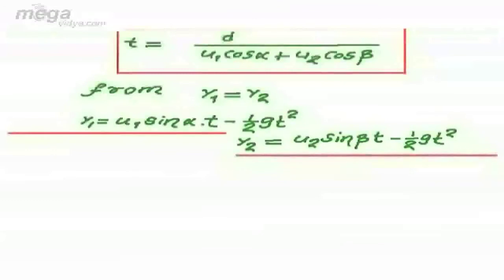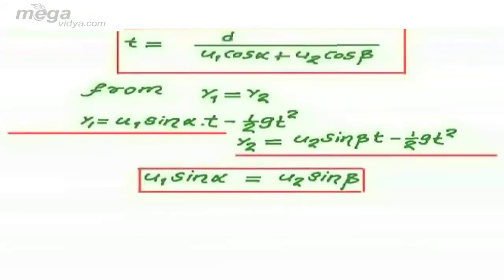Using these two values in the relation y1 equal to y2, we get u1 sine alpha equal to u2 sine beta. So u1 sine alpha equal to u2 sine beta is one condition for the collision to occur, and the other condition is that u1 cos alpha plus u2 cos beta into time of flight must be equal to the initial separation d between the two projectiles.